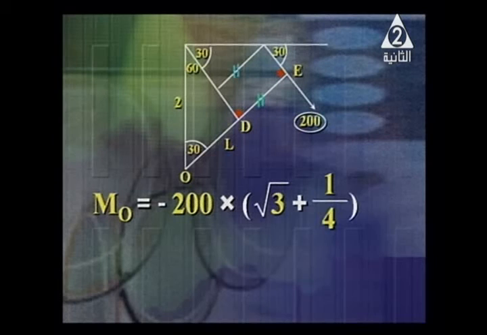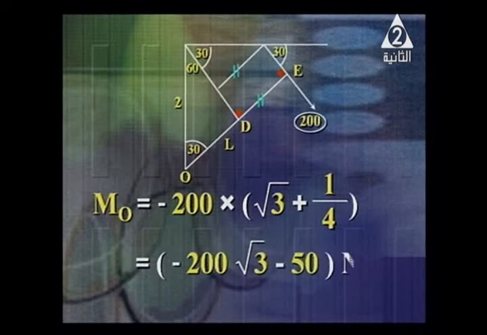In this case, we multiply: MO equals negative 200 times (root 3 plus a quarter), the same answer, negative 200 root 3 minus 50 Newton meter. This is another solution to the previous example.